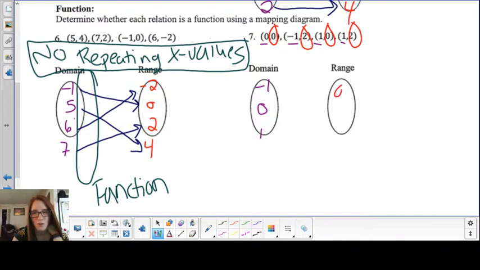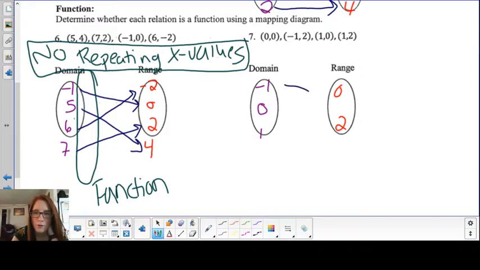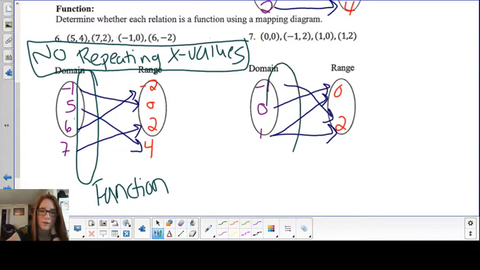Well, I just have 2 ranges in this one. -1 goes to 2. 0 goes to 0. 1 goes to 0. And 1 goes to 2. So as you can see here, since you have 2 lines coming from 1, this is not a function.